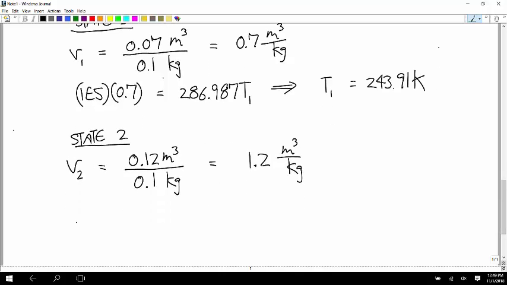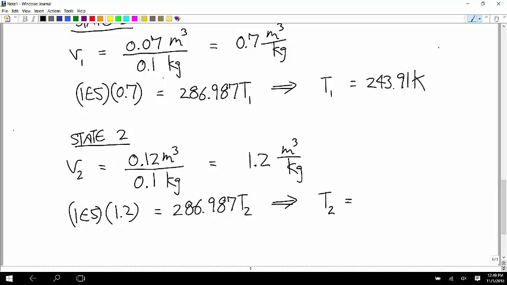And so the ideal gas law says 1 times 10 to the 5 times 1.2 is equal to 286.987 T2. And so T2 is 418.14 Kelvin.